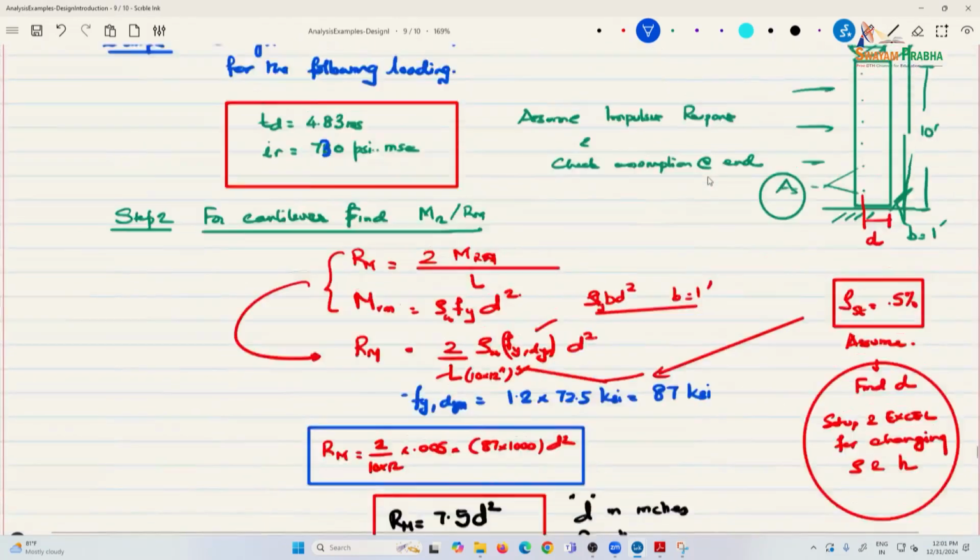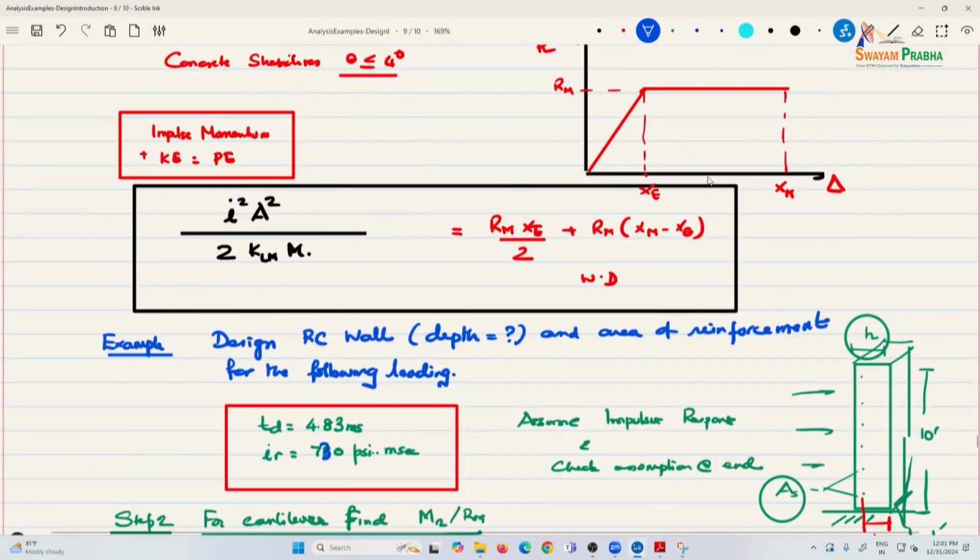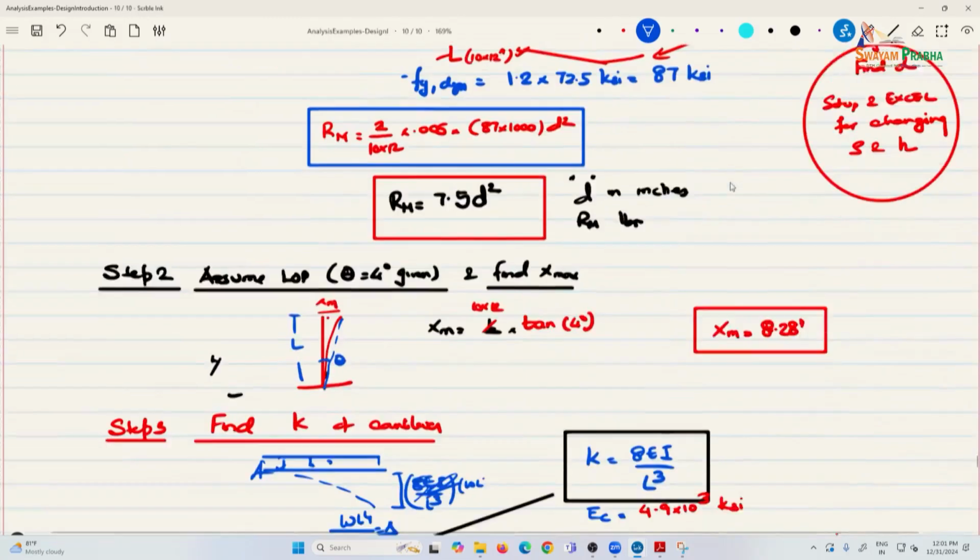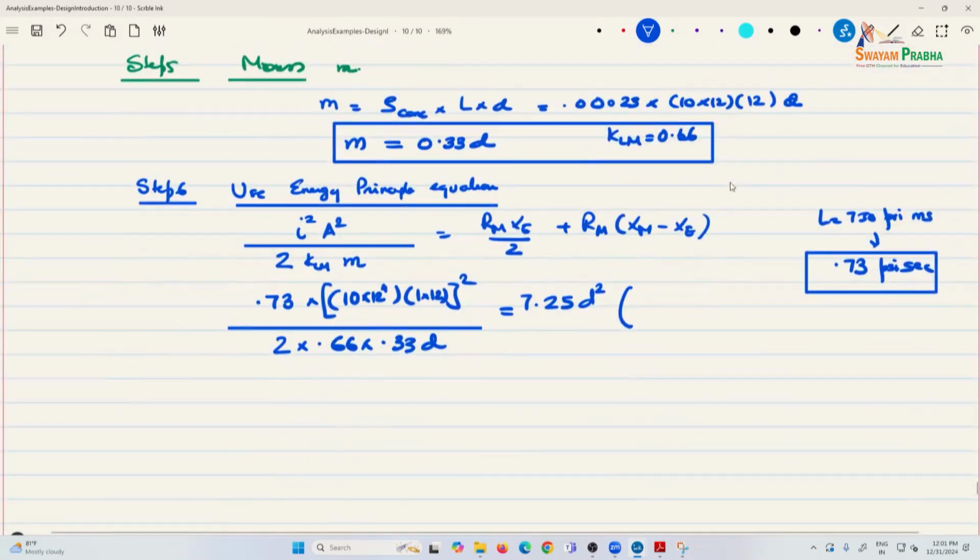This can be simplified further. Here it is Rm Xm minus Xe by 2. So, that is what we are doing out here. Rm, this is Xm minus Xe by 2. So, this one comes to 8.28 inches minus 0.32 by 2d.